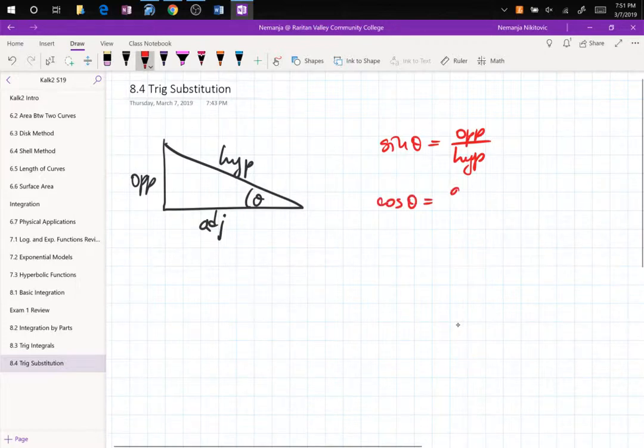Cosine theta is adjacent over hypotenuse. And tangent theta, these are the only three we need, is opposite over adjacent.